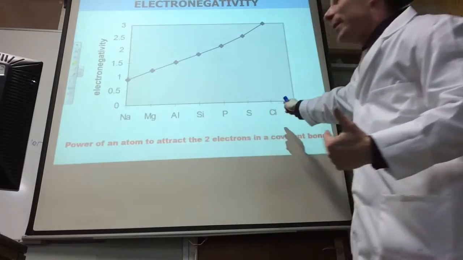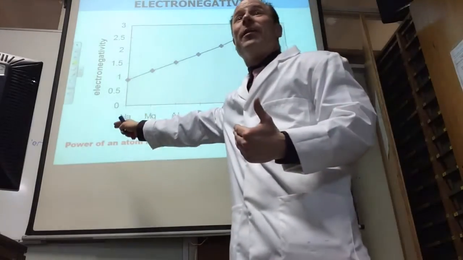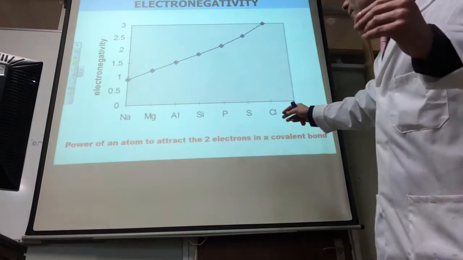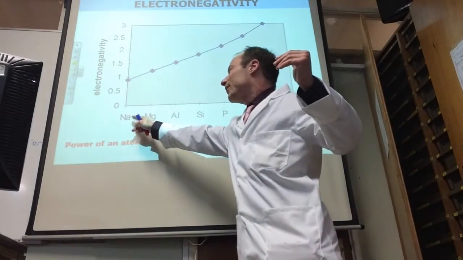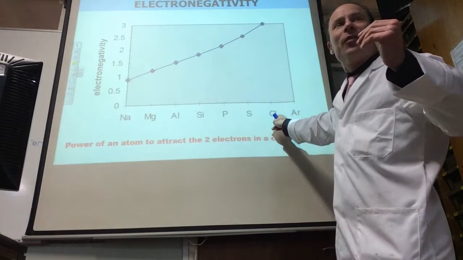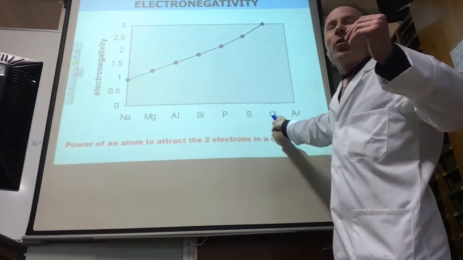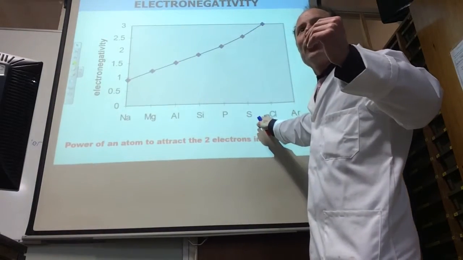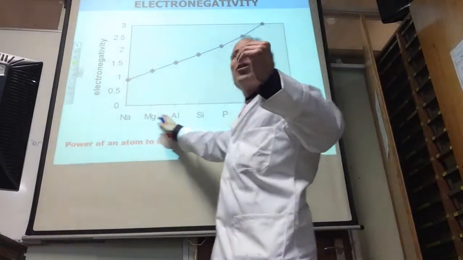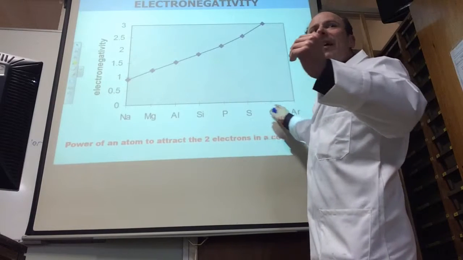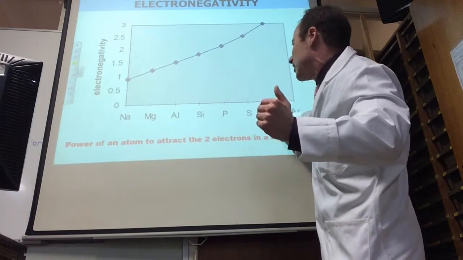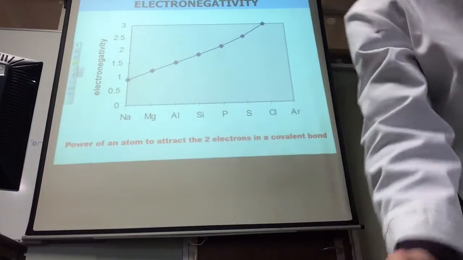So chlorine is going to be able to attract them far more than something like sodium. Sodium wants to lose them. And that's why if sodium and chlorine get together, you have a pure ionic bond, because sodium and chlorine are completely different in terms of electronegativity. Where you start getting covalent bonds is where the electronegativity is pretty much the same, which is over in this direction here. So again, you've got to be able to state the trend.